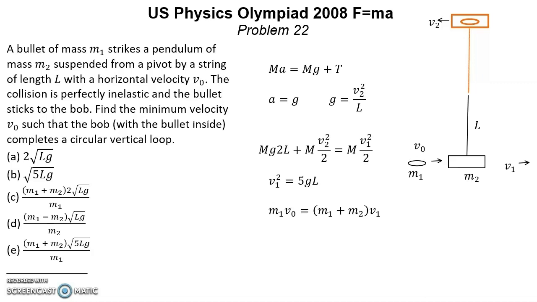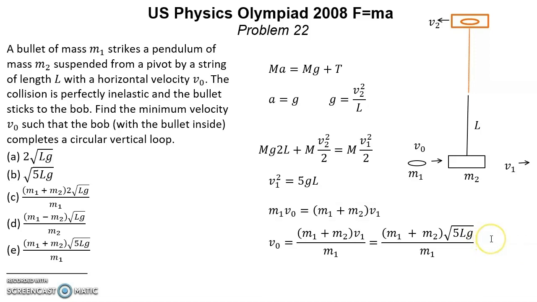From here, using this expression for v1, we can find finally that v0 must be equal to this expression. So this is the correct answer. v0 equals (m1 plus m2) multiplied by the root of 5Lg, and everything divided by m1, which is E, the correct answer.